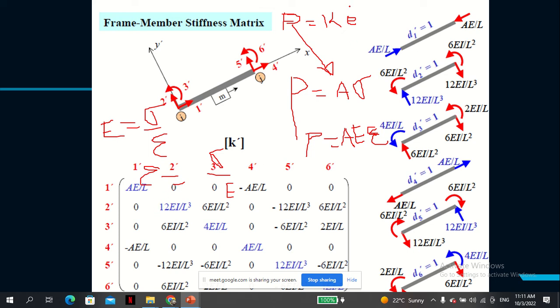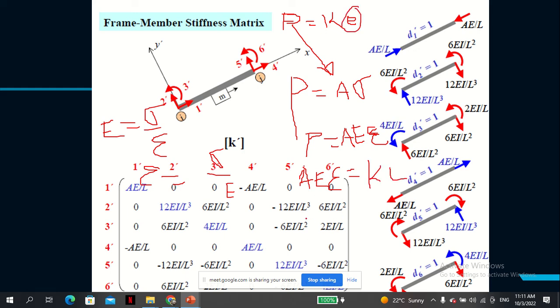And this extension we can substitute back there, so AE should be K, but the extension is measured in terms of L, so KL.